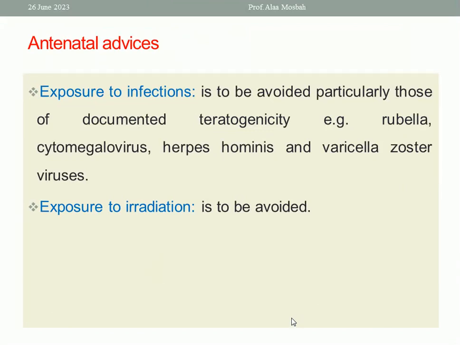What else as regards the antenatal advice? We should tell the pregnant woman about avoiding exposure to infection, especially those documented to be teratogenic, like rubella, German measles, cytomegalovirus, herpes simplex, and varicella zoster virus, because these viruses are proved to be teratogenic and can cause congenital fetal malformation.